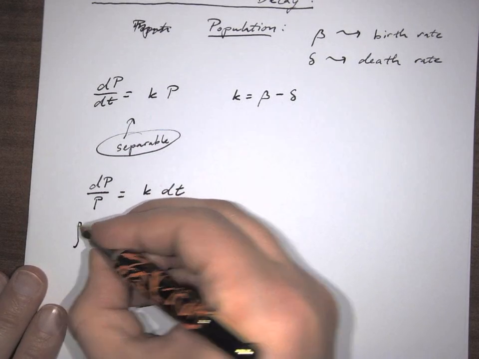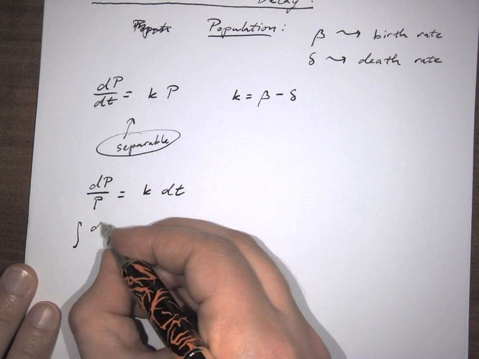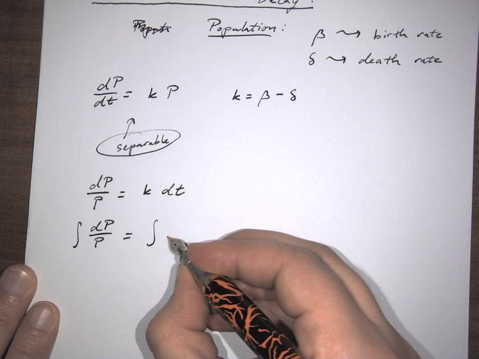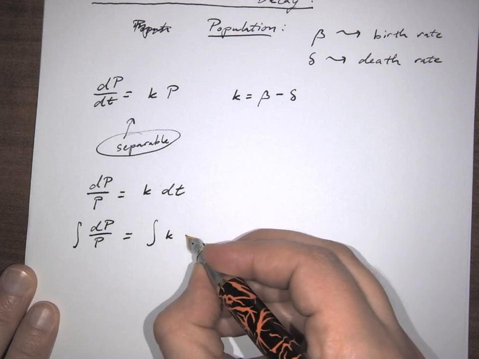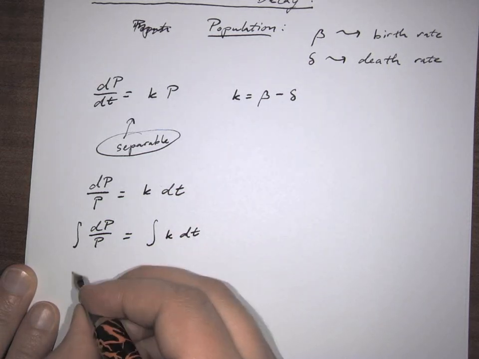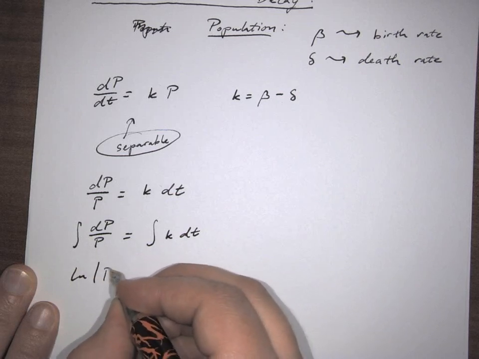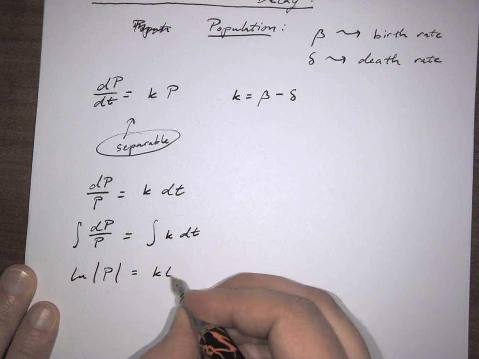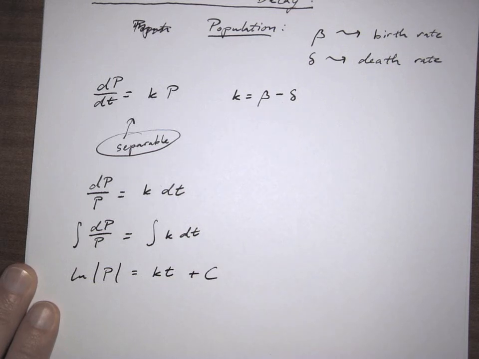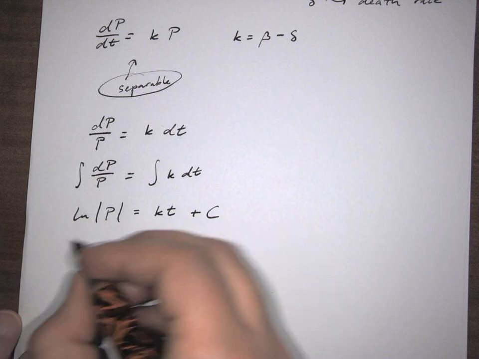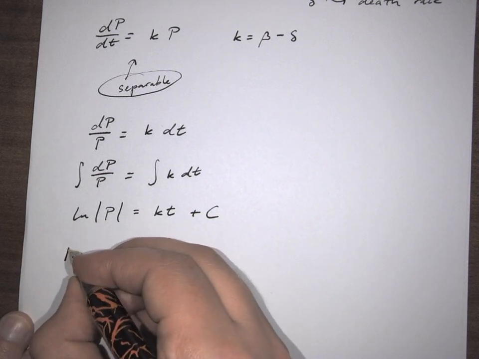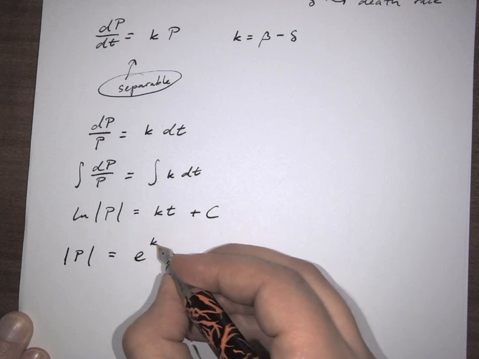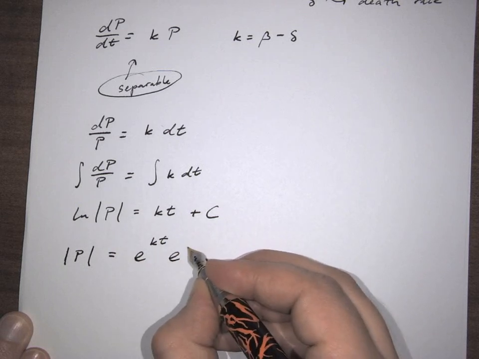and then the integration of both sides would give you, in this case, the natural log of p. In this case, it would give you just kt plus the constant. Then what we would get is just the absolute value of p is equal to e to the kt, e to the c.